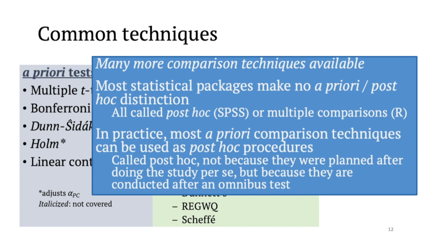Another thing that's important is that in most statistical packages, like SPSS or R, there's really no difference between these. In SPSS, they're all called post hoc, and in R, they're all called multiple comparisons. So the name isn't as important as using it based on theory or based on exploration.